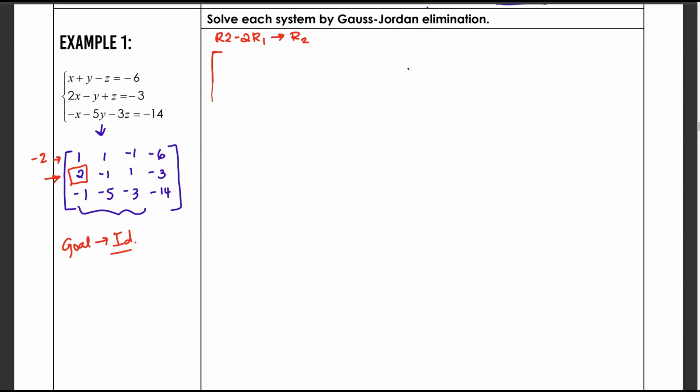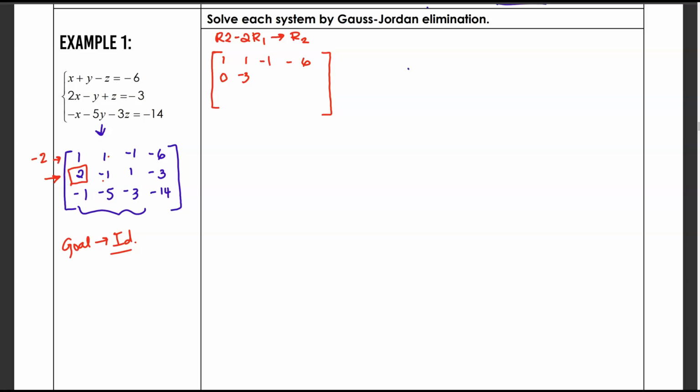So let's write out that new matrix here. When I do that, notice that my row 1 stays the same. My row 2 now is row 2 minus 2 times row 1. So 2 minus 2 times 1 gives me a 0. Negative 1 minus 2 times 1 gives me a negative 3.